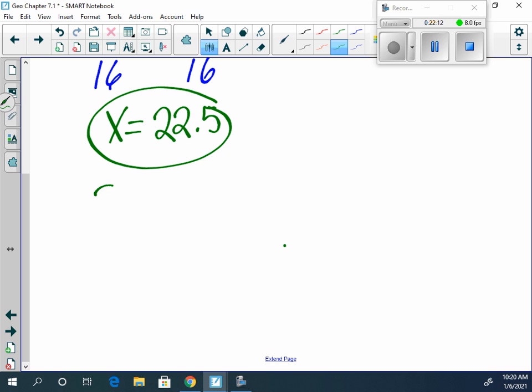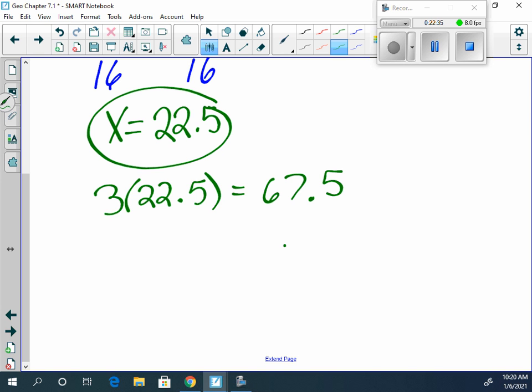If I want to find 3x, we're going to do 3 times 22.5. I believe it should be 67.5 because we're just plugging in 22.5 times 3. So that's the second angle.